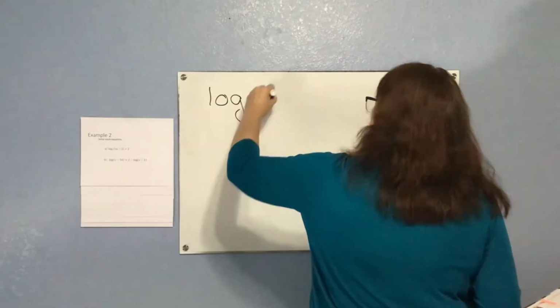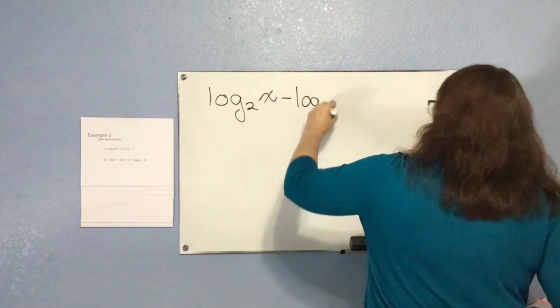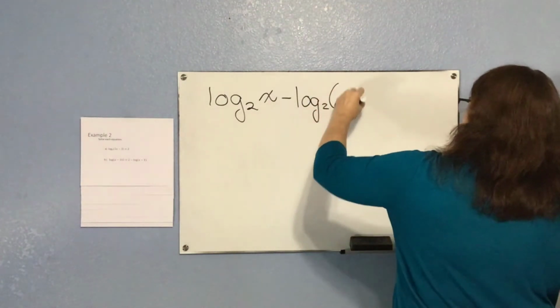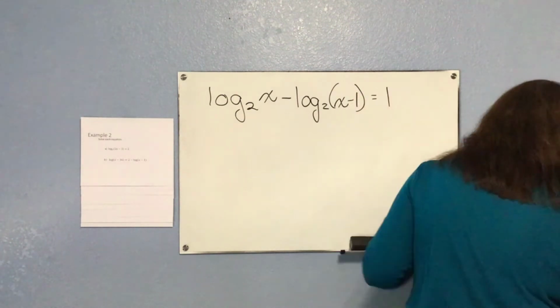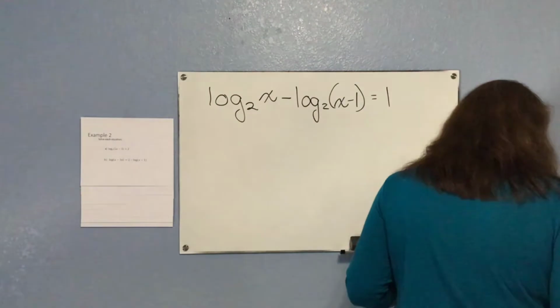Log base 2 of x minus log base 2 of x minus 1 equals 1. So we're going to go on just as we did before.